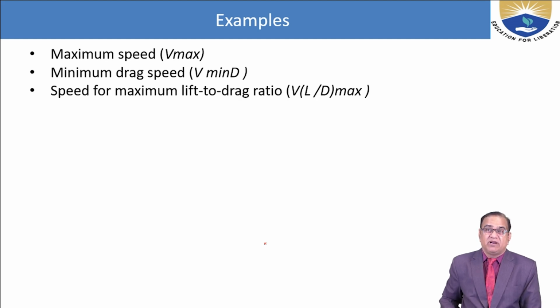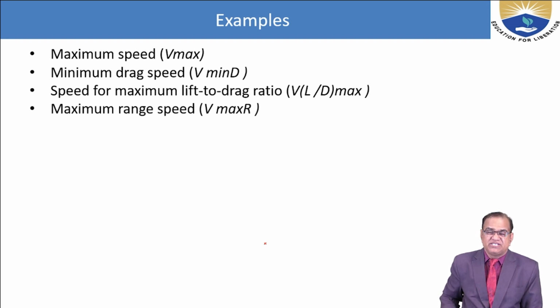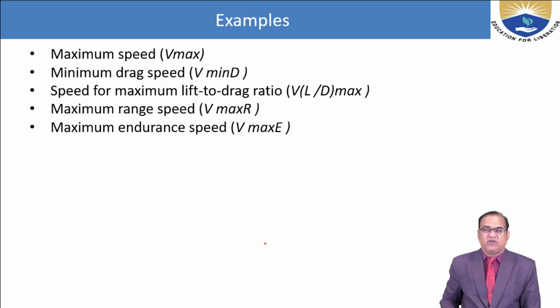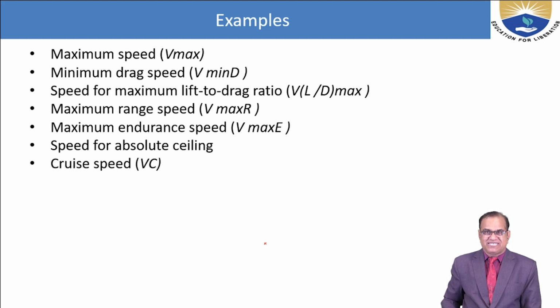Speed for maximum lift to drag ratio, that is V L by D maximum. Maximum range speed, V max R. Maximum endurance speed, V max E. Speed for absolute ceiling. Cruise speed, VC.